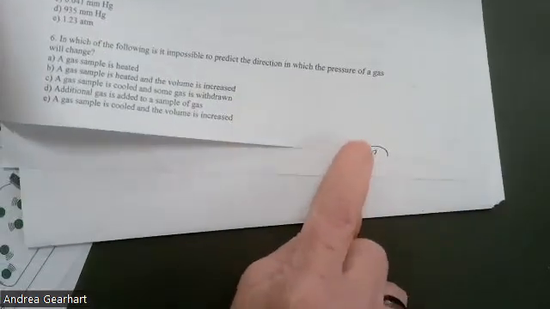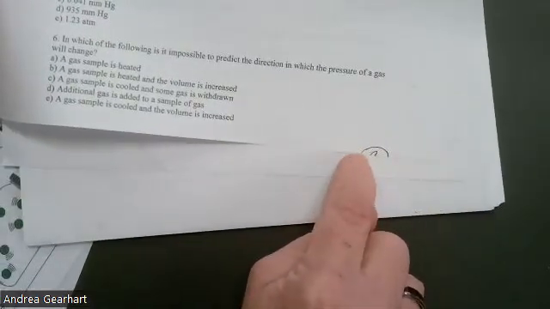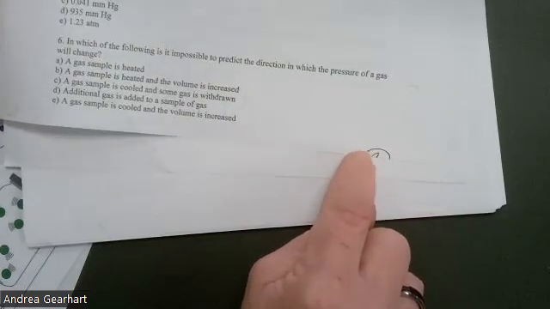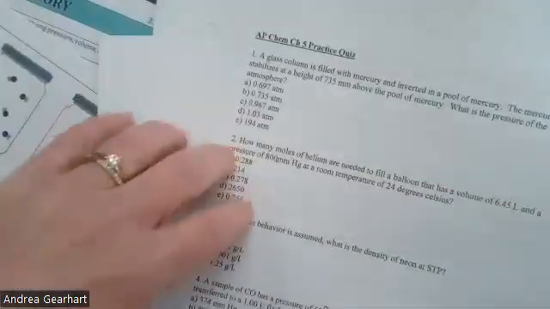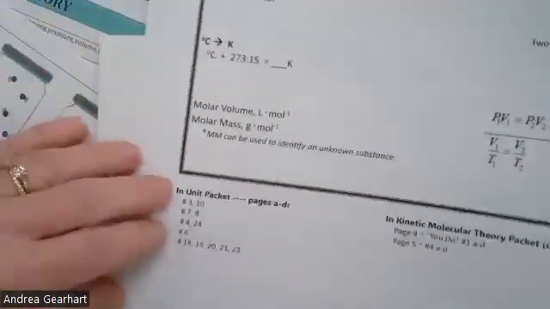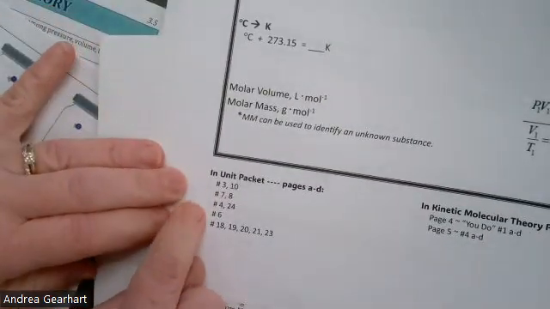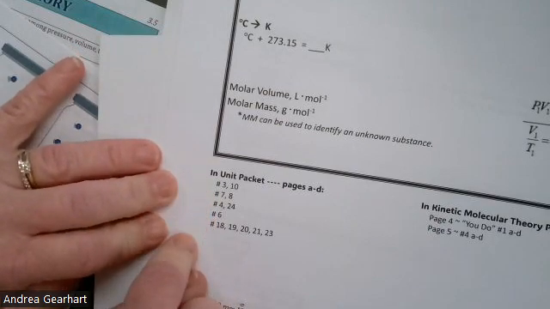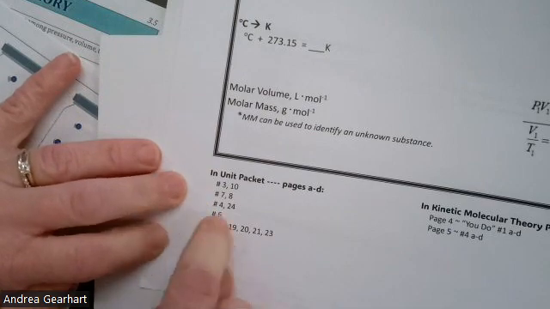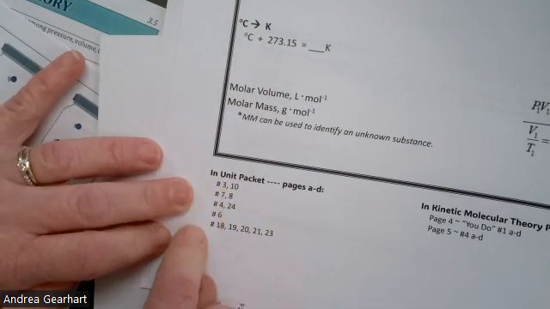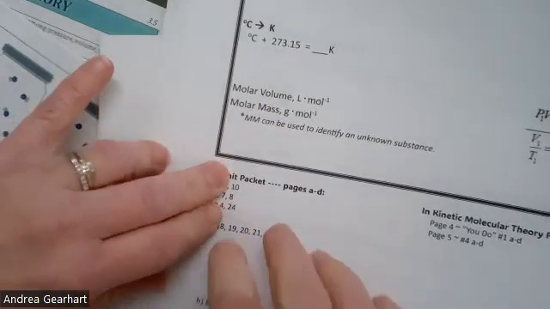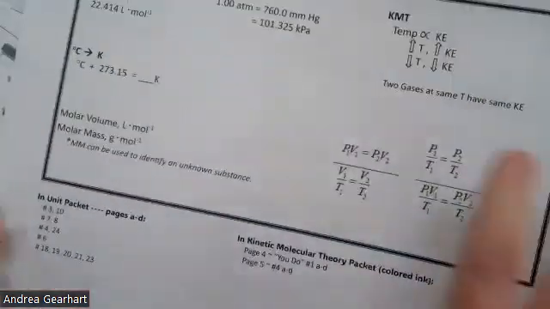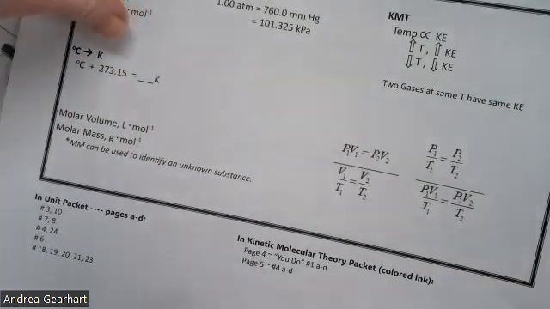Depending upon the copier that copied your packet, this was to be page A. It doesn't come through very well, so this begins page A. What I'd like us to do are these problems, and I suggest this order. They'll build a little on each other, or these are kind of related and these are kind of related. You'll need your calculator, and you may need to rely on this given information.